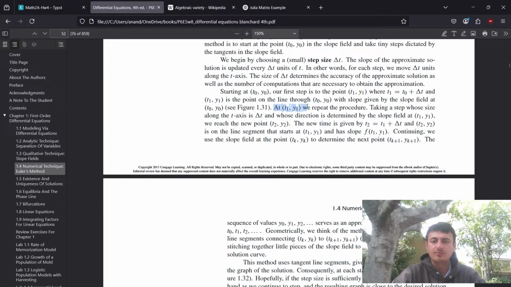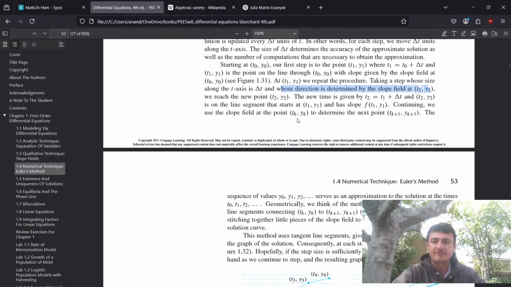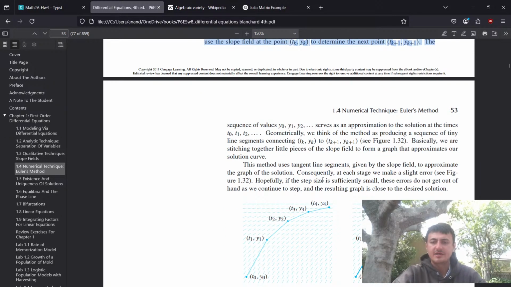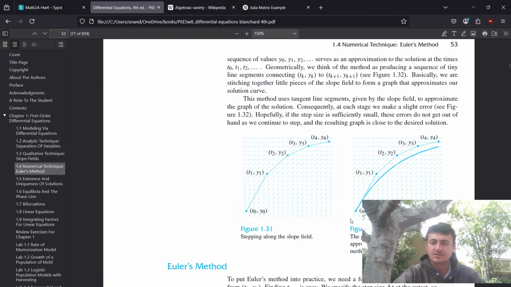At t1, y1, we repeat the procedure, taking a step whose size along the t-axis is delta t and whose direction is determined by the slope field at t1, y1. So we've described this iterative procedure. Continuing, we keep repeating it. Here's a good picture that shows what's going on. This is the actual solution.